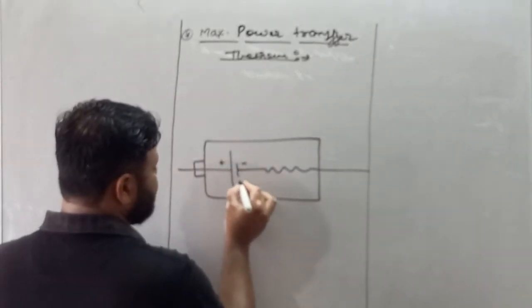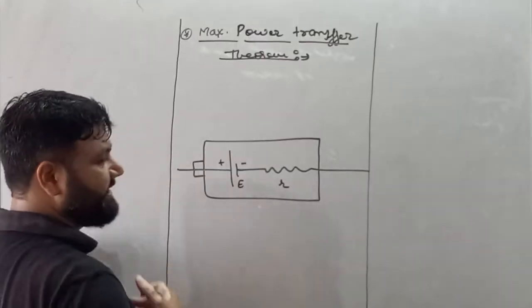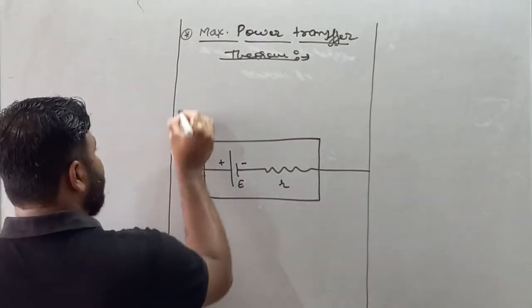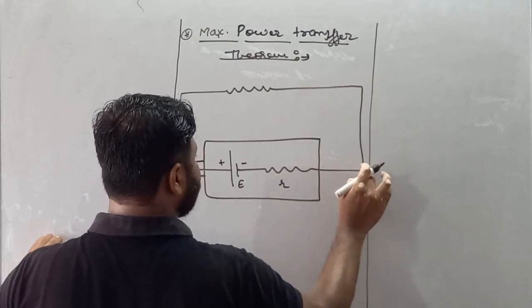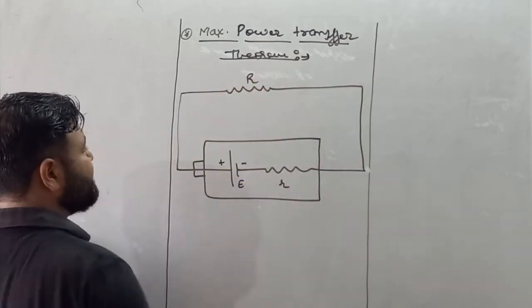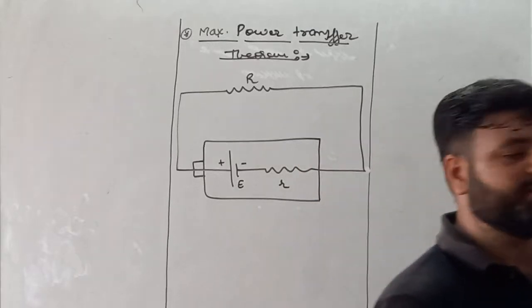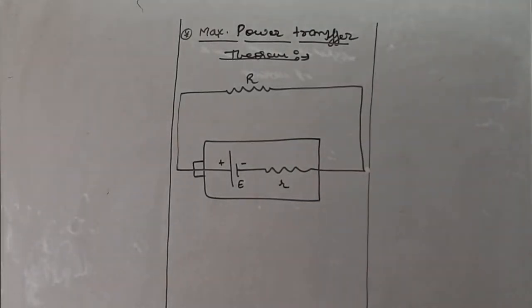In this, the potential is E and the internal resistance is r, and this practical battery is connected with an external resistor whose resistance is R. I am repeating once again: we have a practical battery whose potential is E and internal resistance is r, connected with an external resistor whose resistance is R.